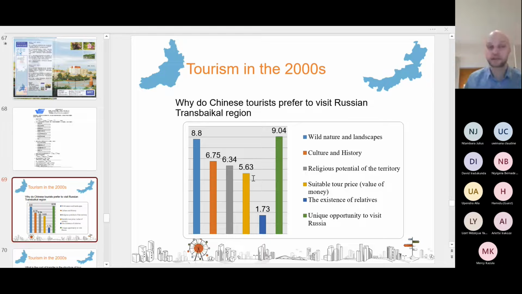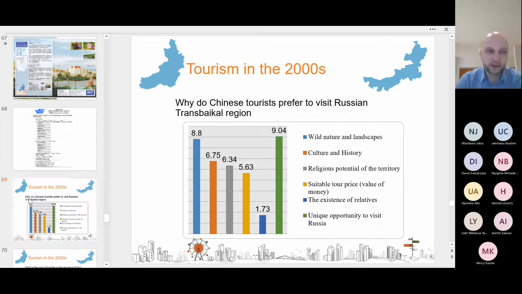Or at least it was 10-15 years ago. Now it's easier, but still you need to get a passport, you need to apply for a visa, and to visit Russia, a visa is not needed. For instance, to go to Vietnam, Chinese citizens need to apply for a visa. So Vietnam also is a Chinese neighbor, but still they don't have this visa-free agreement.